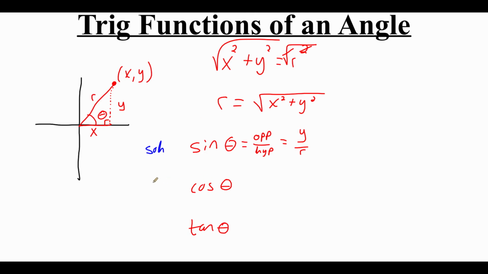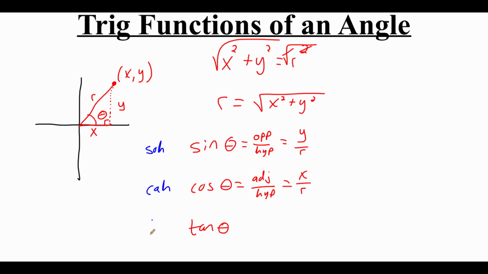As far as the cosine goes, that's the CAH portion of the SOHCAHTOA. So in order to evaluate a cosine function, we're going to do the adjacent side over the hypotenuse. And as we look at our right triangle, adjacent to the angle theta is the x, and the hypotenuse is still the r value.